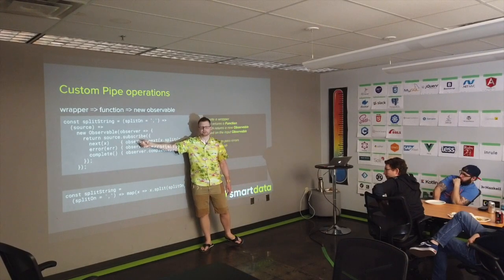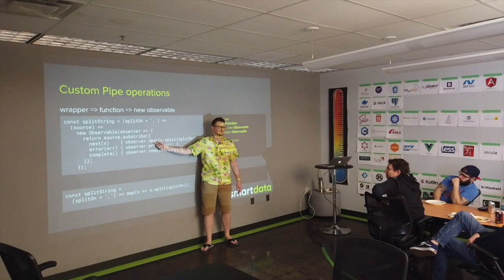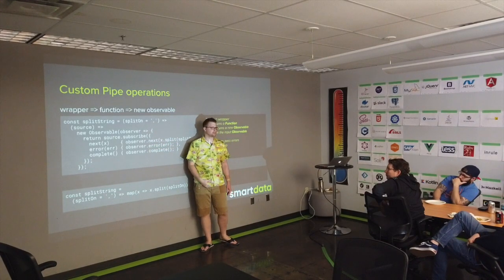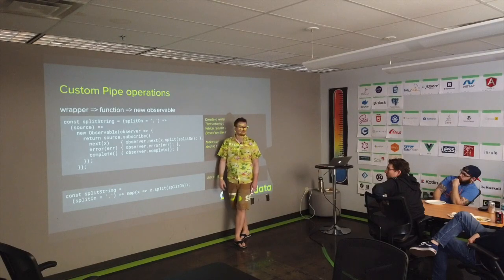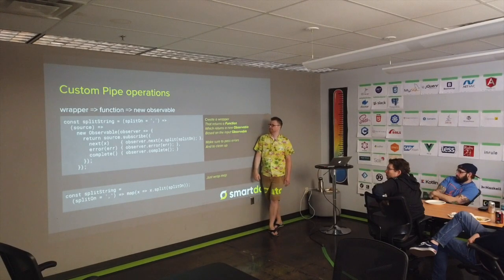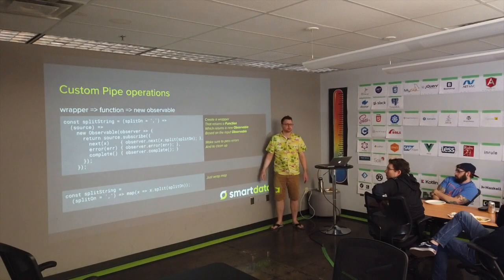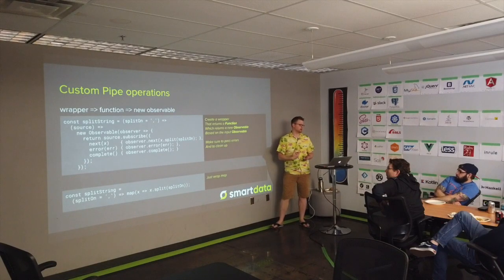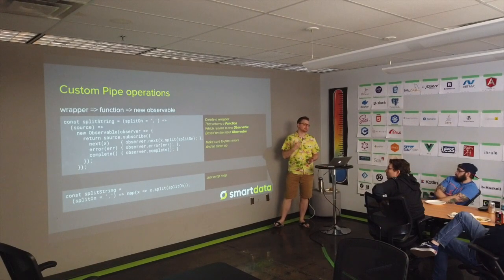When I get a value from the source, I'm going to fire off next to my new observable, and then error included, I'm just going to pass right through. I don't really care about those for this. So it's pretty simple and straightforward. Just remember, a wrapper that returns a function that accepts a source observable and returns a new observable.